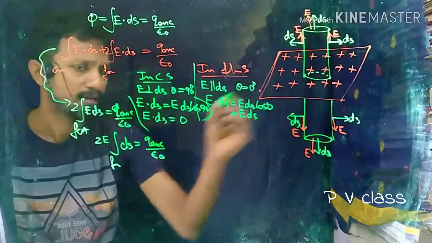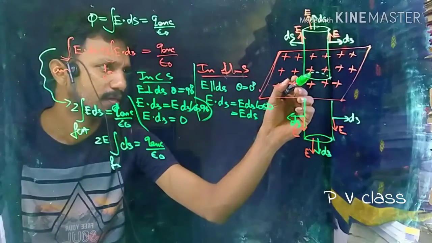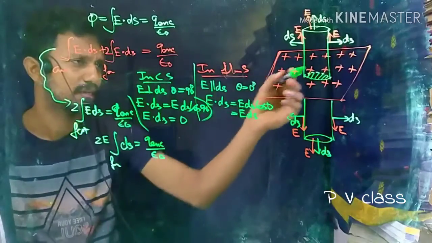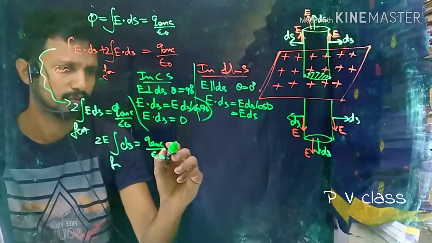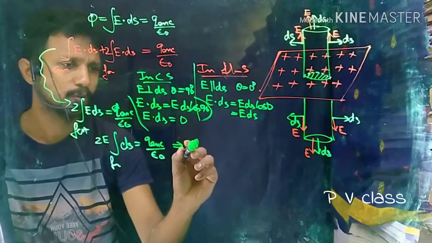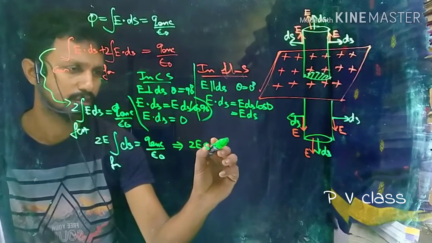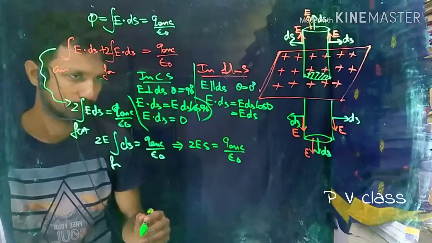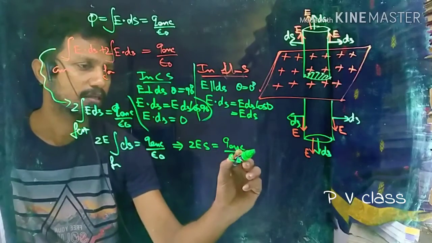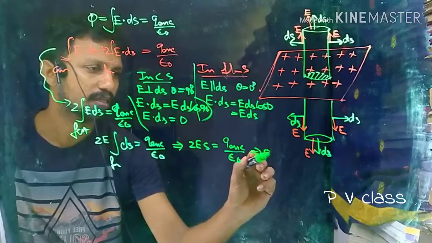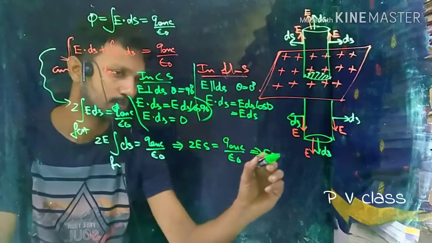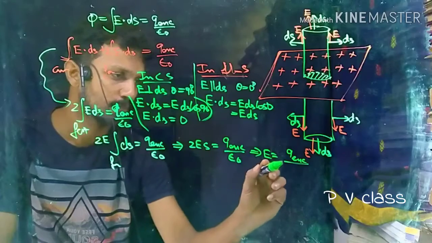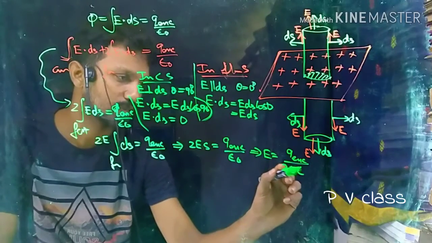Then, integral of ds will be the area over this portion. Therefore, let me write that area over this portion as S. Therefore, I could write 2ES is equal to Q enclosed by epsilon 0. Then, from which I could write E is equal to Q enclosed by 2S epsilon 0.